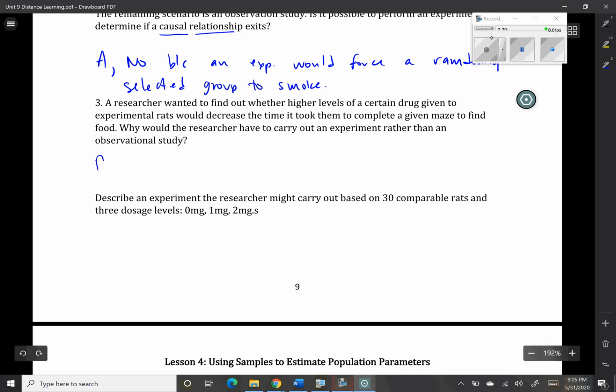So we'd have to say rats do not take drugs on their own. The drug would have to be given to them.